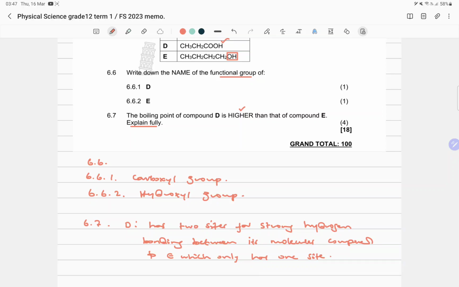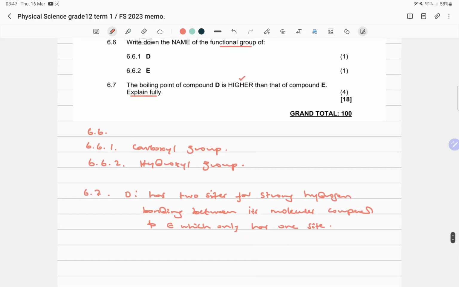Okay, because these ones they've got hydrogen bonding.